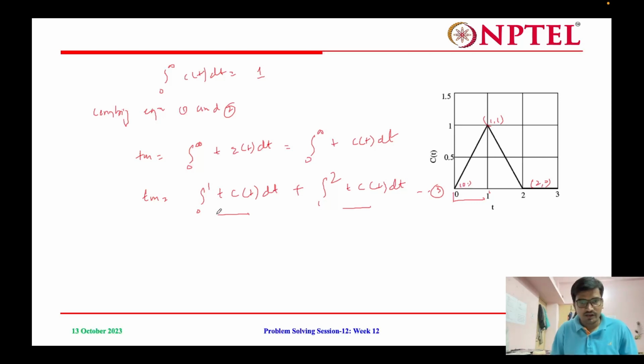To calculate this part, t from 0 to 1, we calculate the slope using y equals mx plus c.